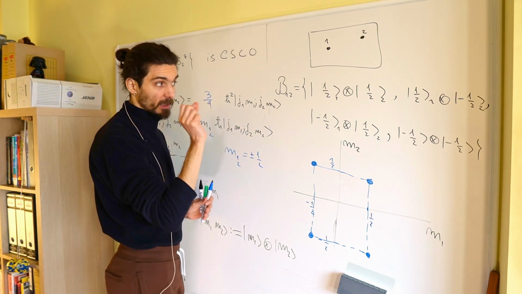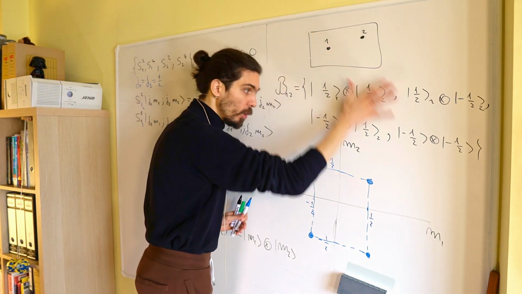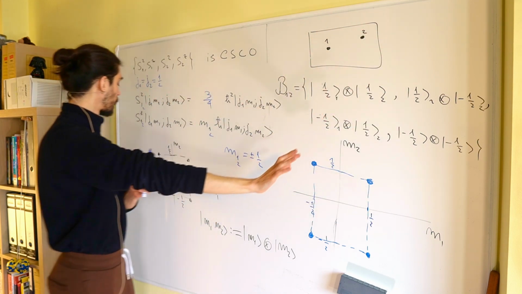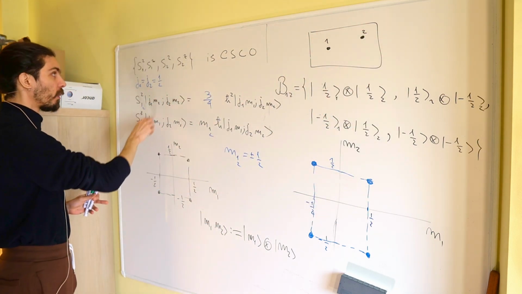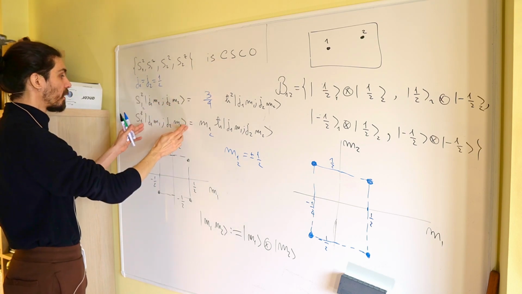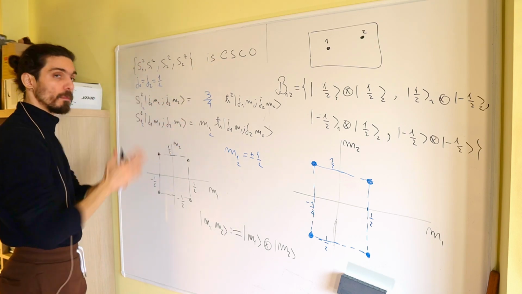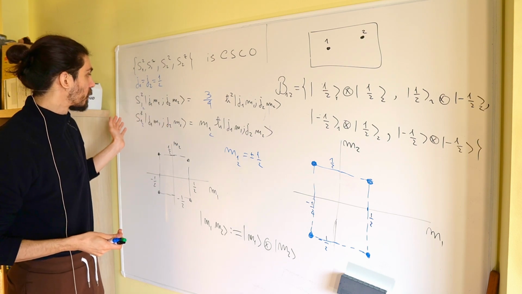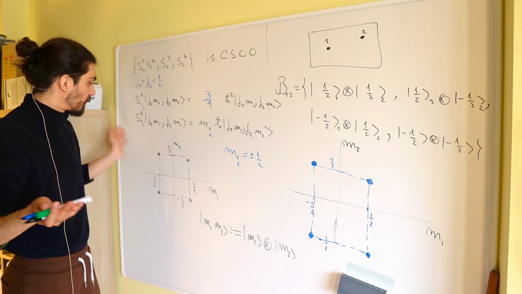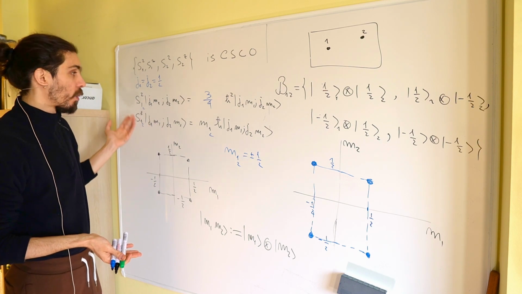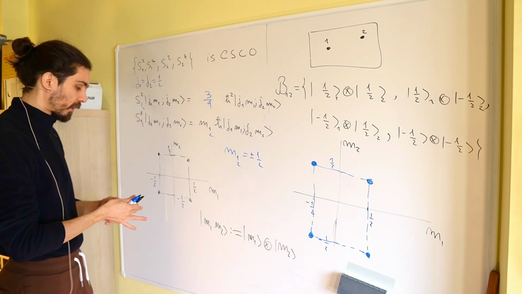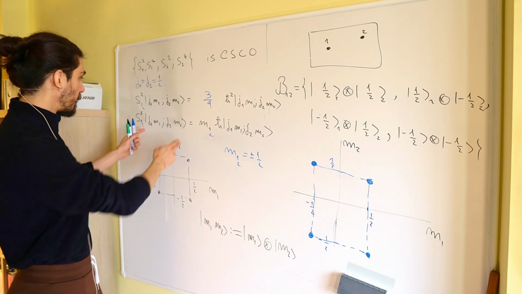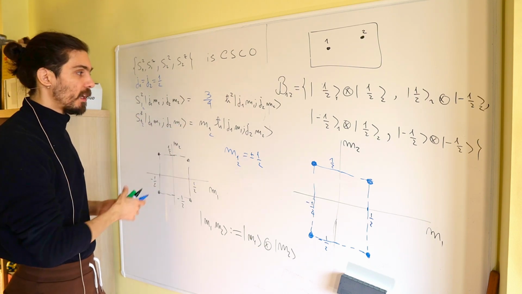Let me say this. If you did not know this, forget about it for now, and you already knew that it's a CSCO, this is the only thing that you can write. You just label the states by the quantum numbers. That's it. This is all you have. Well, of course, they are orthogonal. There are things you can prove about them, for example, but you are stuck with this notation.